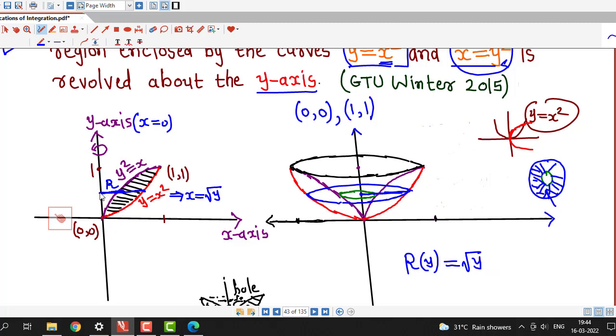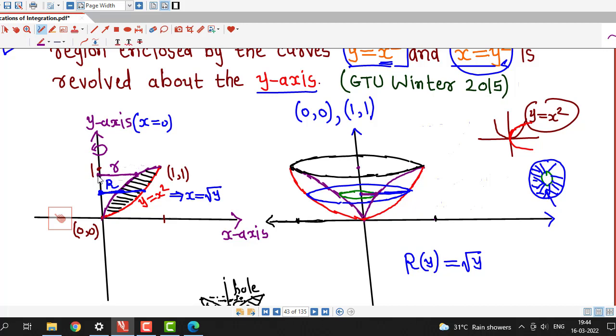So the outer radius is the distance from the y-axis to this curve y equal to x square, and you can visualize that here also. Similarly, the inner radius is the distance from the y-axis to this curve. This much distance from this point on the curve to the y-axis, that is this distance. We can visualize it here also. This distance is the inner radius r.